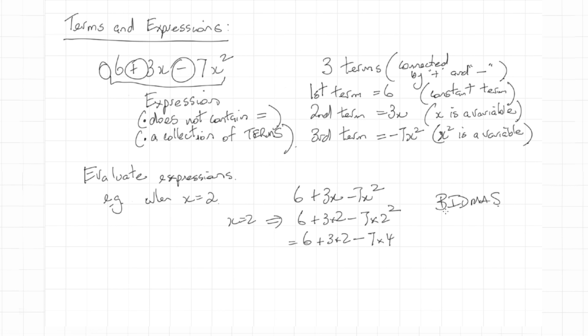They can change values, but in this case a is 1 and b is equal to negative 2. We've got an expression here that is made up of 2 terms. There is no constant term, as we had in the last one. Terms that do not contain any variables are constant terms, so here we've got a constant term. If we look down at this second example, we've got no constant terms.